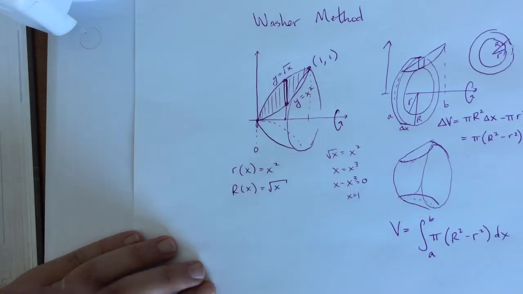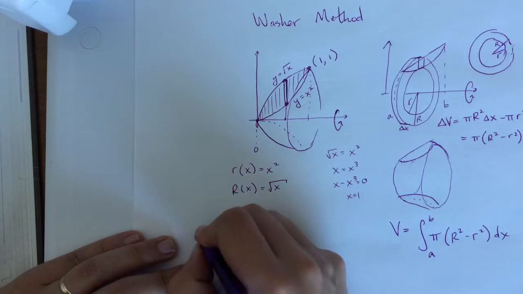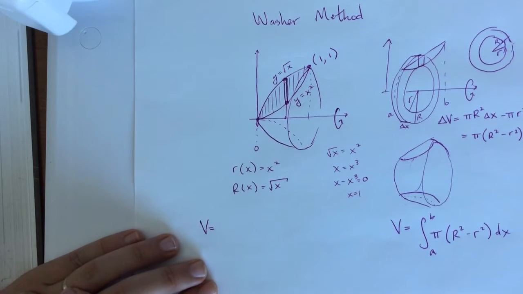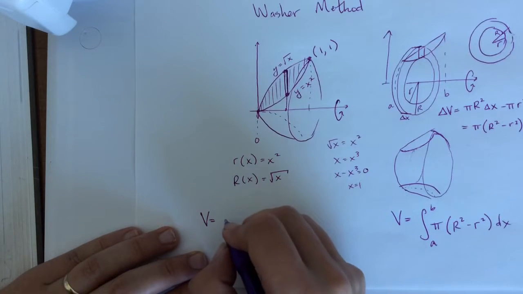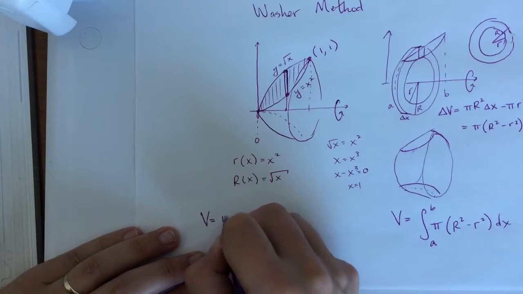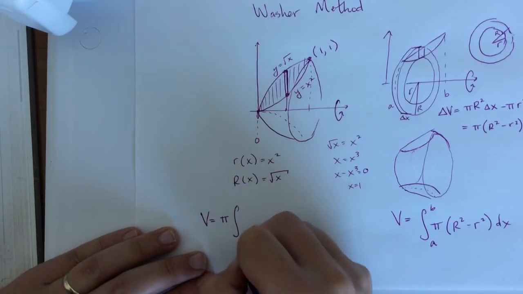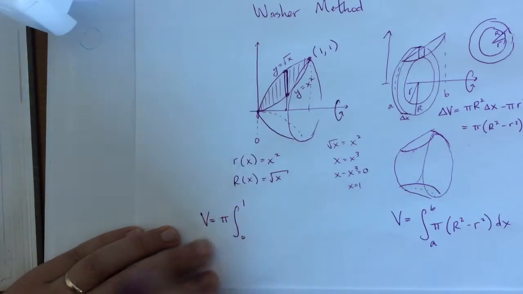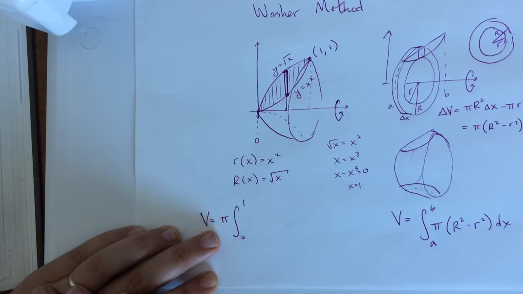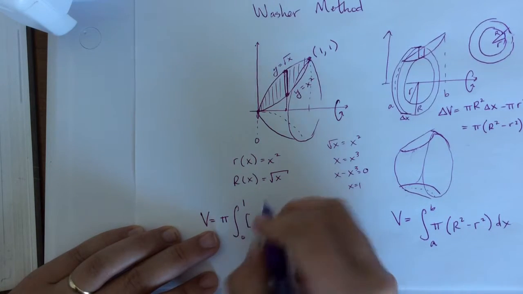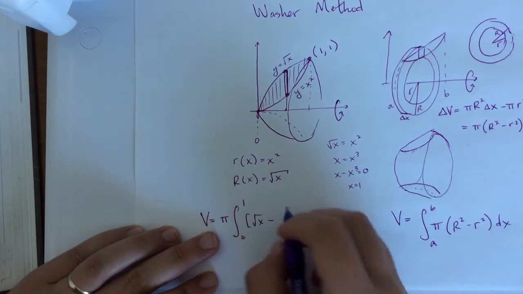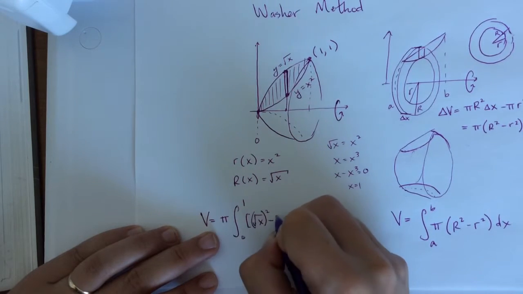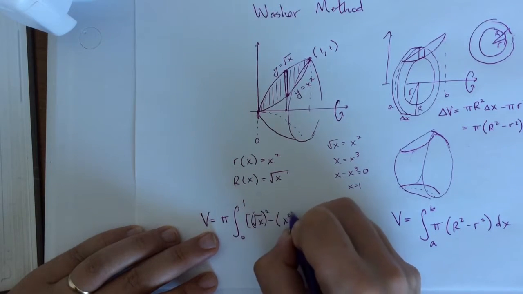So the volume of this solid of rotation is given by pi times the integral from 0 to 1. I move my pi outside of the square root of x, the major radius, minus the minor radius, both squared.